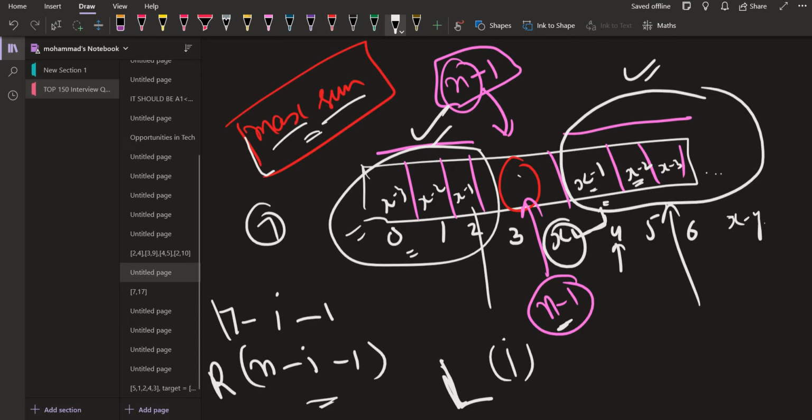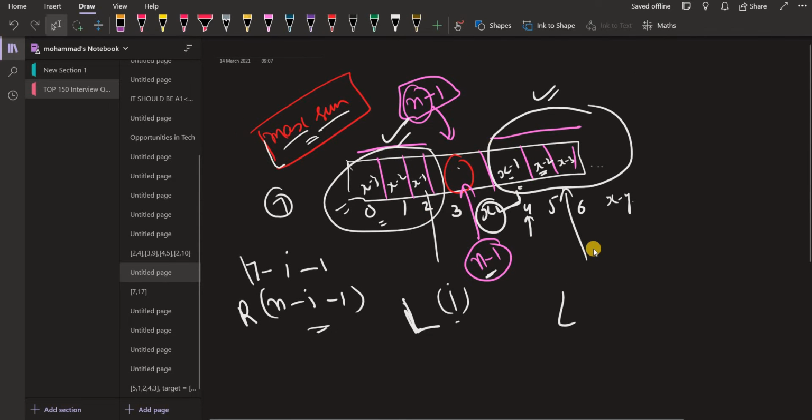What will be the formula? For the left hand side, the formula will be x minus 1, x minus 2, and so on till x minus I. We have to find the summation of this, this plus this plus this.